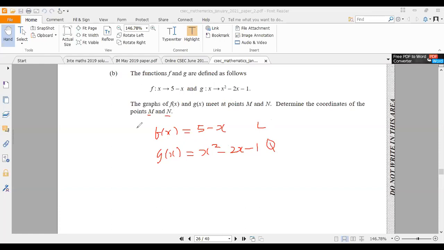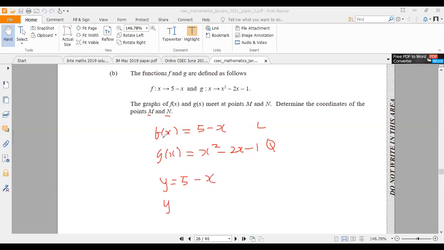Now, wherever they put f(x) and g(x), all of them represent y. So the first one is y equals 5 minus x.